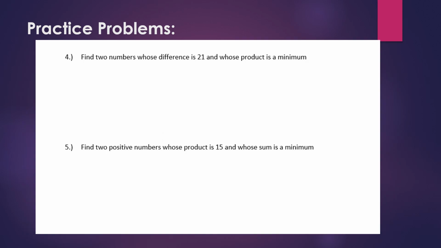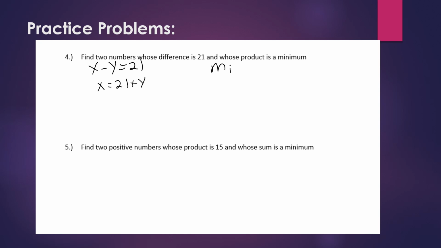Number 4, they're asking find two numbers whose difference is 21 and whose product is a minimum. All right, so x minus y equals 21, which means that x is 21 plus y.